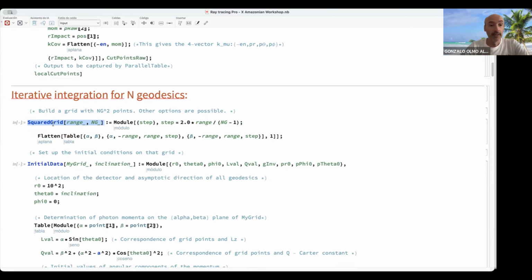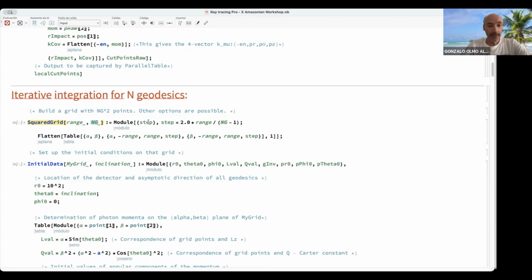I chose simply a square grid, and this is defined by a range of, let's say, impact parameters and the number of geodesics. This is the number of subdivisions of each axis. The x-axis is divided in ng elements, and the vertical axis in ng elements. So the number of geodesics actually is ng squared. Okay, so we have ng squared pixels for our image.